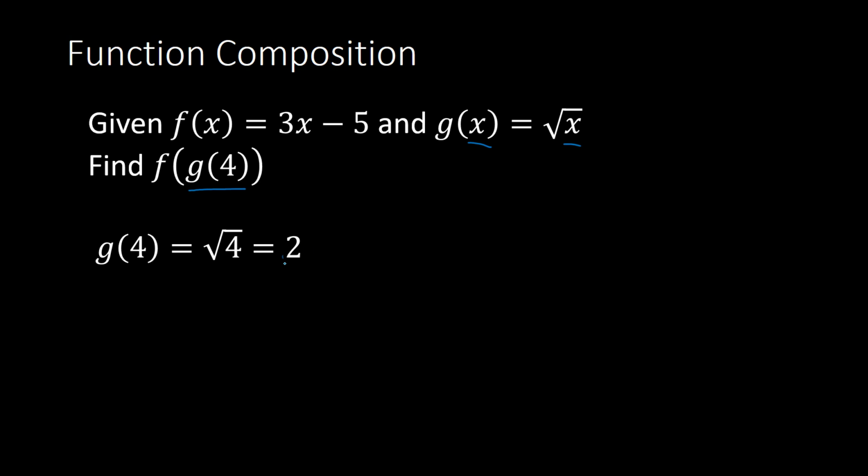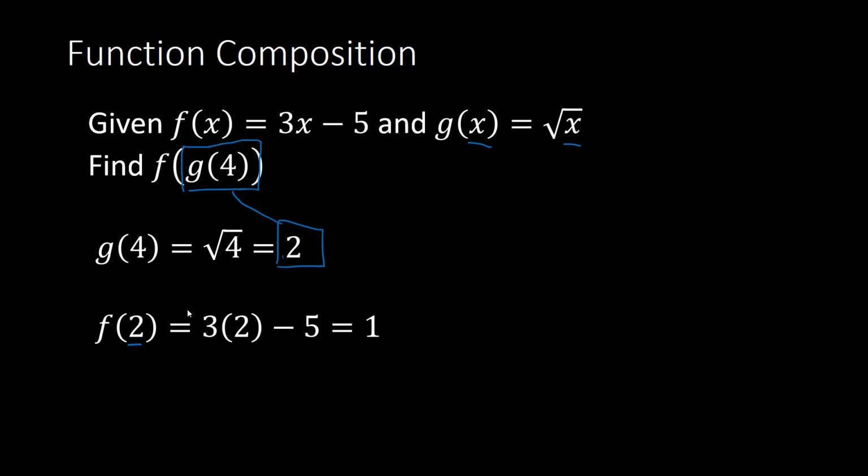So instead of g of 4, I can now put in this 2. So now instead of f of g of 4, I would have f of 2. And for f of 2, I plug a 2 in for x into the f function. So instead of 3 times x minus 5, I have 3 times 2 minus 5, which would give me 1. So my solution for f of g of 4 would equal 1.